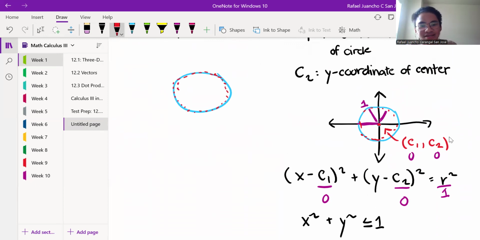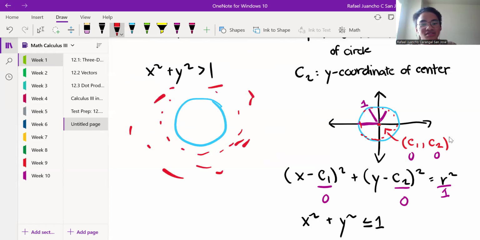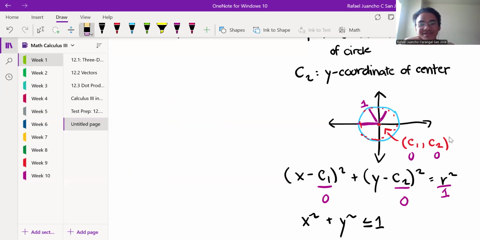If it's less than, it's everything inside, and I mean everything. If it's the points greater than 1, it's everything outside, infinitely outside. If it's greater than or equal to, it's all the points on the circle and outside the circle. So that's the idea.